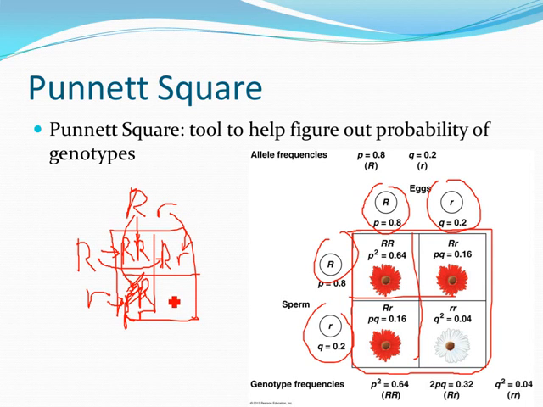Homozygous recessive. Very good. Okay, and you'll notice that the probability now of children will have a different ratio, right?